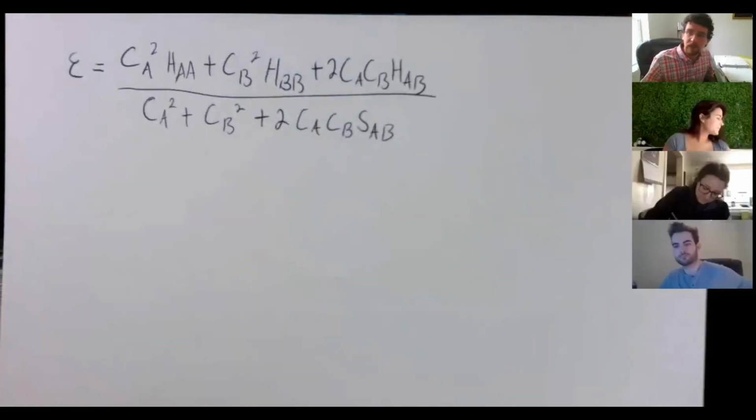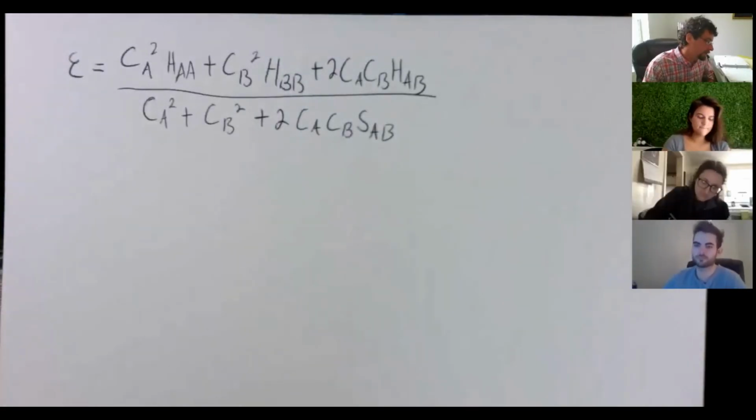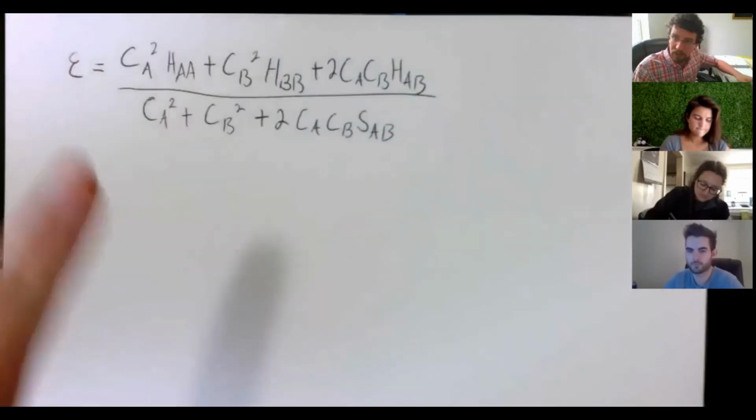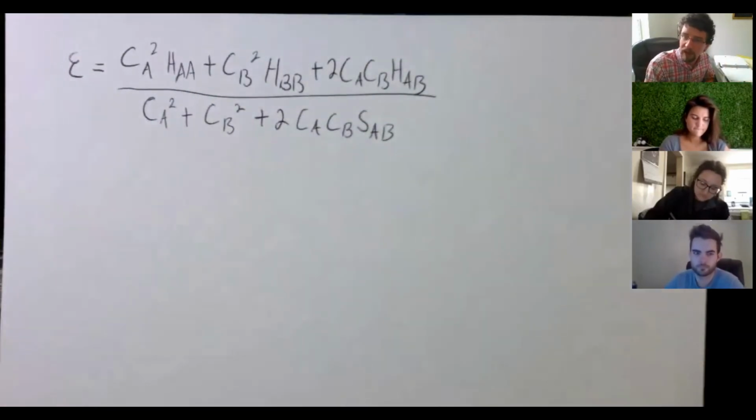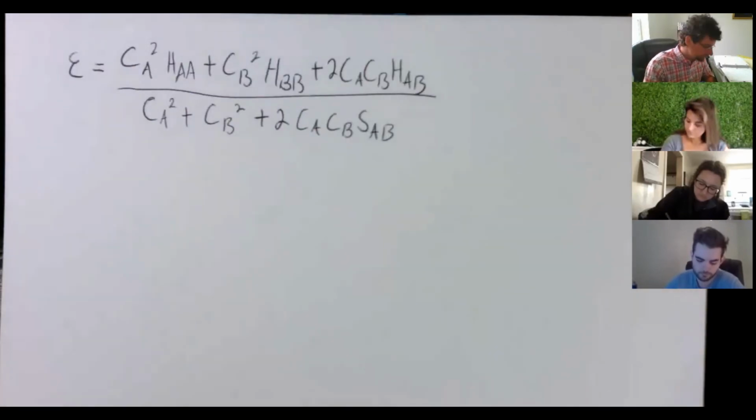Another example I had is in my upper level chemistry course, Physical Chemistry 2, where we were discussing the variational principle. Last time we were talking about this equation, we were talking about the variational principle, and we arrived at this point. Do people remember what the purpose of the variational principle was? What were we trying to get to?